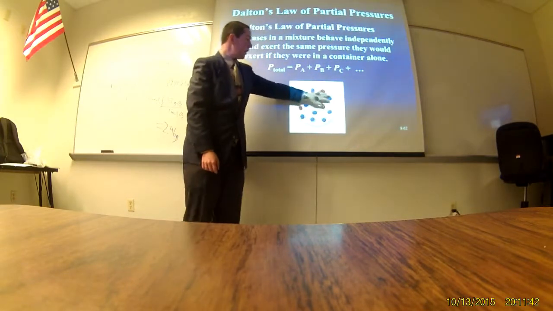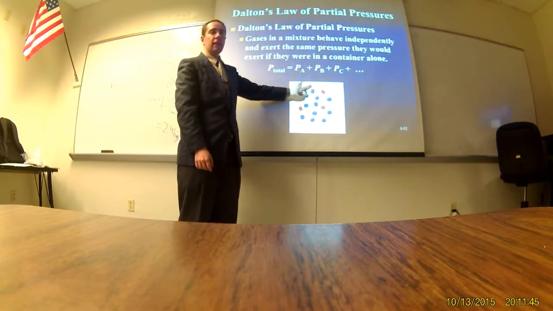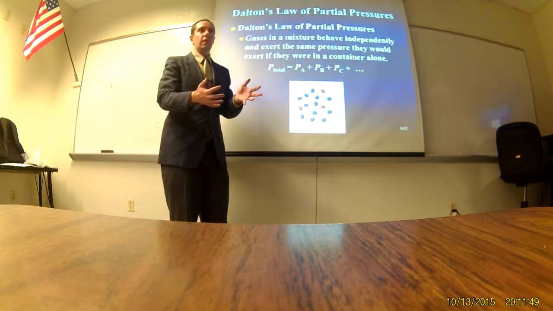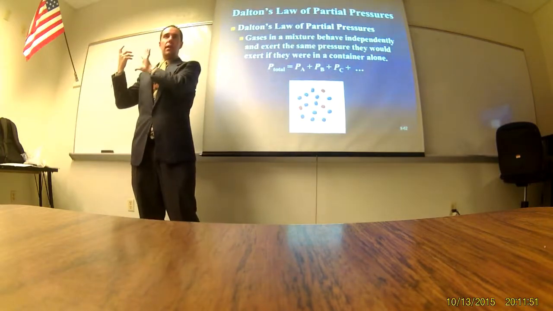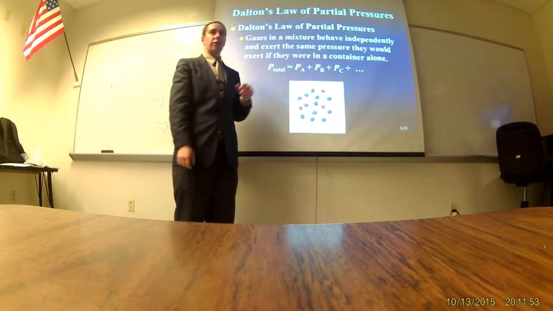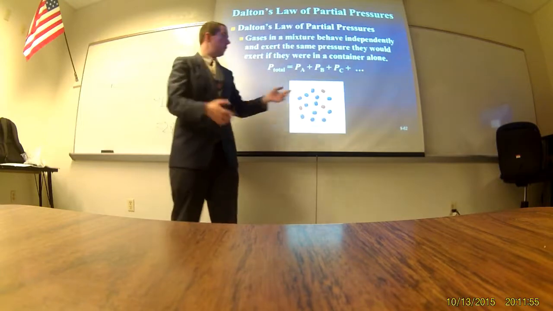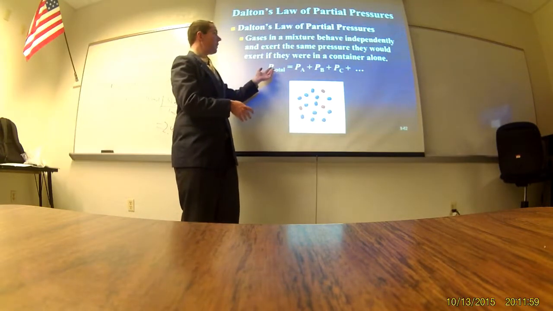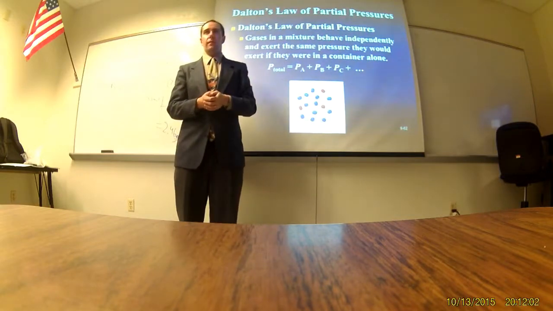So in this container we have nitrogen gas and oxygen gas. You can use the equations that we did to figure out the pressure of the nitrogen and the pressure of the oxygen, add them together, and you'll get the total pressure.